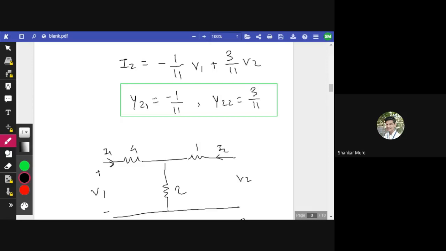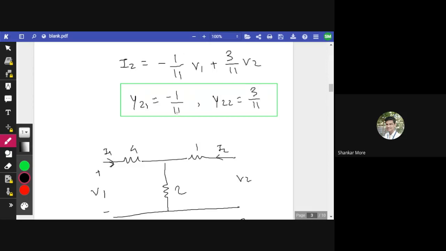Now what is the next topic for the day? Let me just see. Okay, so there are certain things that I wanted to tell you about these parameters. There is a concept called a reciprocal network or symmetric network. It is a very rare chance that such a question will be asked in the GATE examination, but for your safety I'm just telling you.